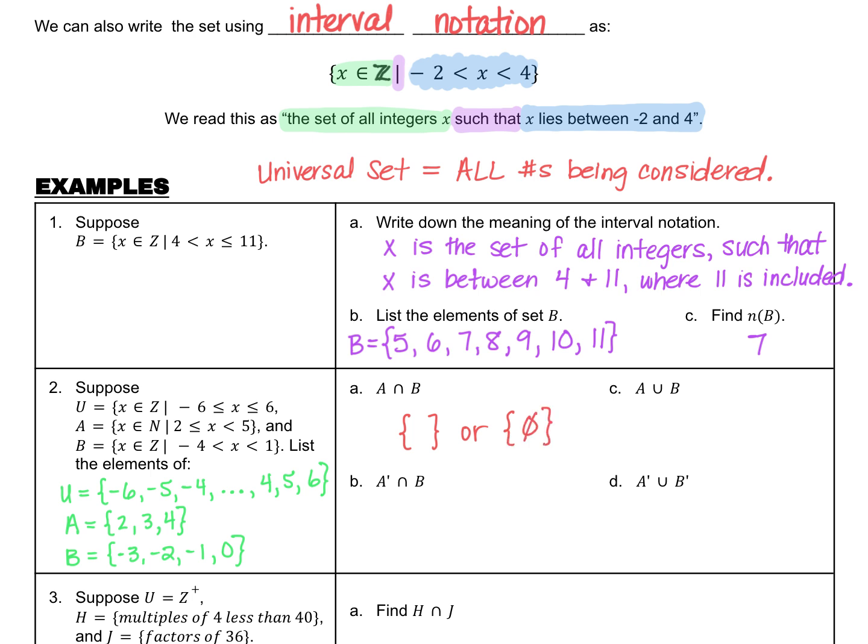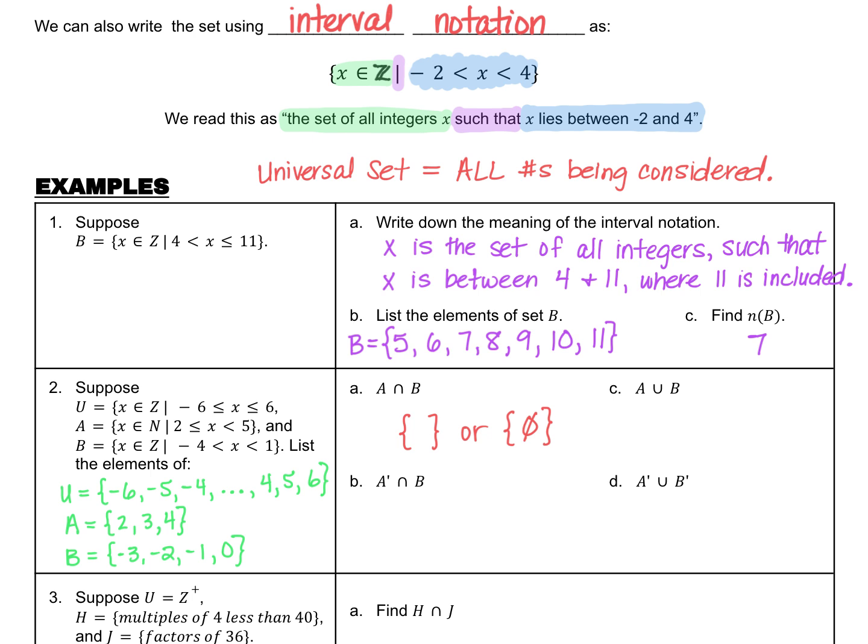For the next part, we want to find the intersection of not being in A, but also being in B. So basically you want to figure out what values are not in A that are also elements that appear in B. If we look at the set B here, the numbers in B are -3, -2, -1, and 0.